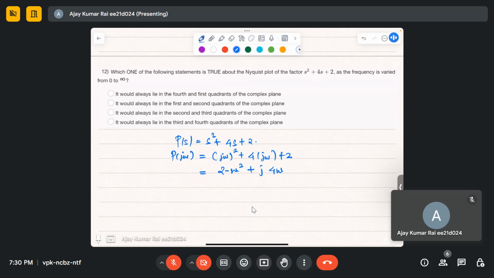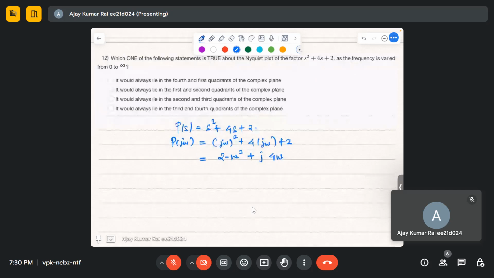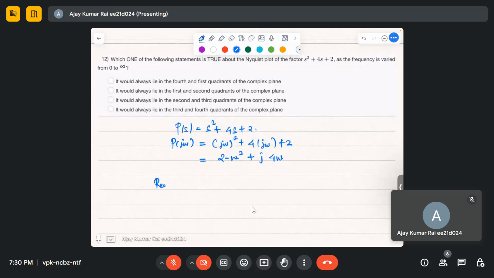Four of omega. Okay. So the real part is 2 minus omega square, and the imaginary part is 4 omega.